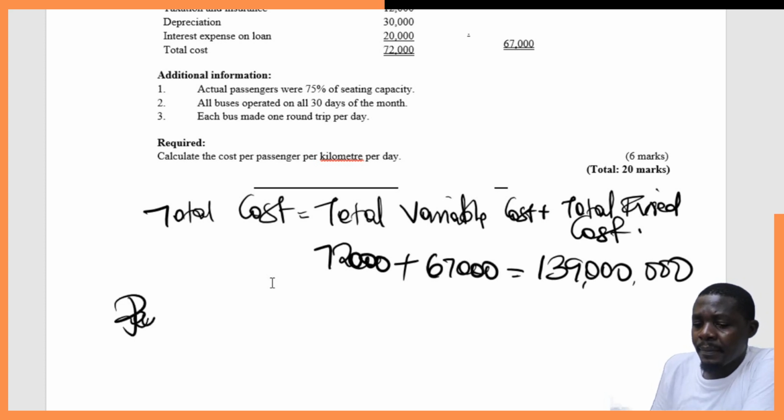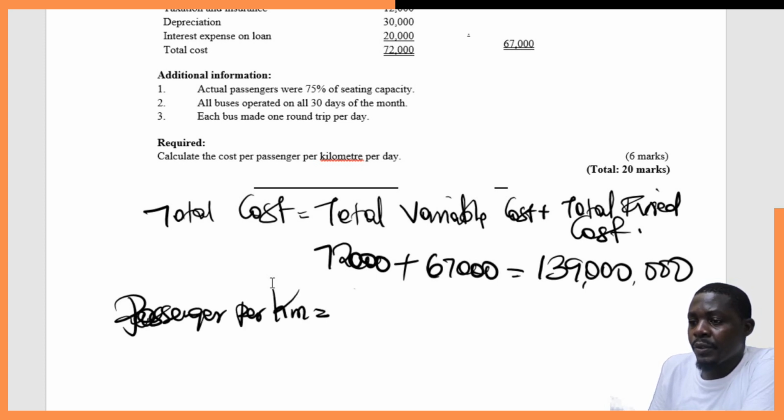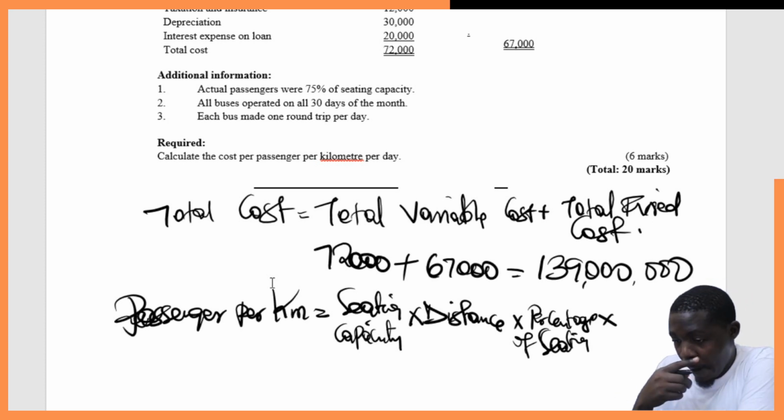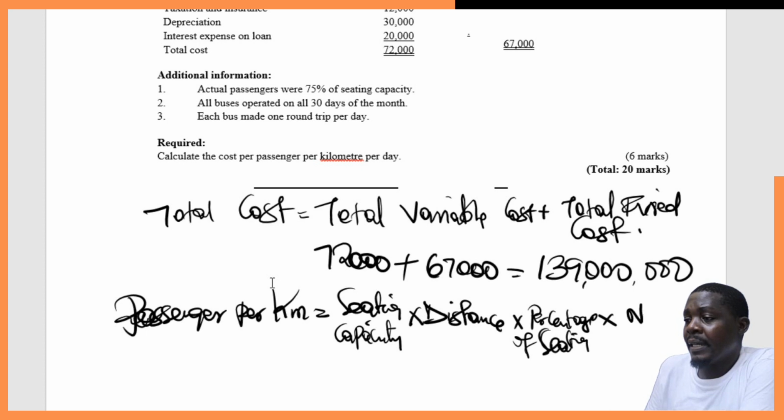The passenger per kilometer is equal to the seating capacity of the bus, multiplied by the distance, 50 kilometers apart, multiplied by the percentage of seating capacity, which was 75, and also multiplied by the number of operating days.